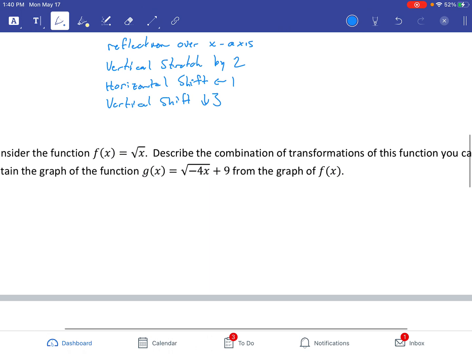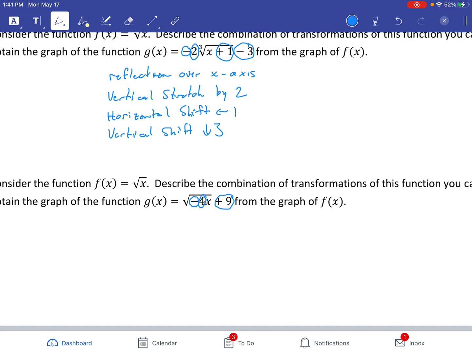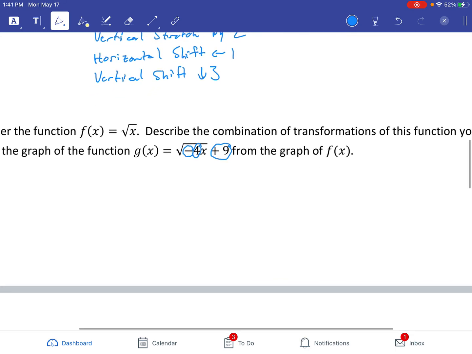Okay, again, we're looking at transformations here. Since it's a little bit harder, there are 3. There's the negative sign on the inside, the 4 on the inside, and the plus 9 on the outside. Unlike the last problem where the negative was on the outside of the function, this is on the inside. So it is a reflection over, this time, the y-axis.